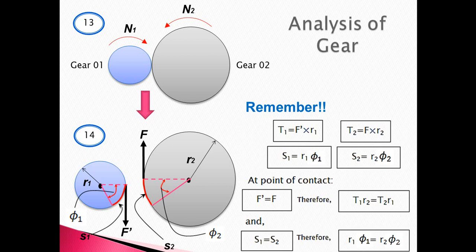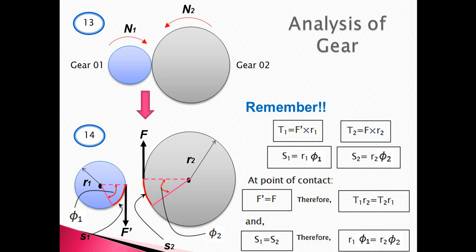For equilibrium condition, the reaction forces at the contact point of gear 1 and gear 2 must have the same magnitude but opposite direction. If the reaction force at gear 2 is represented by F, therefore the reaction force at gear 1 must also be equal to F.